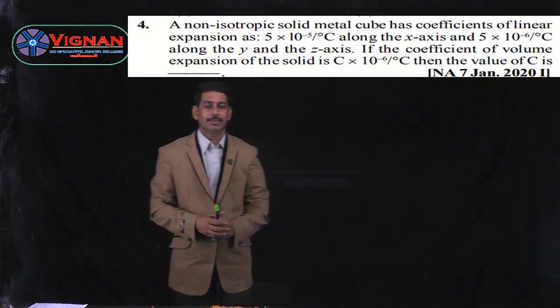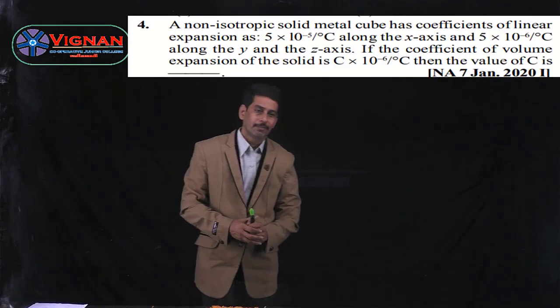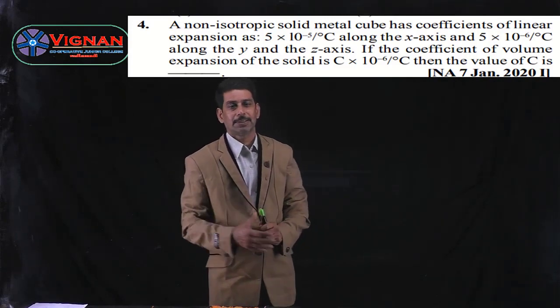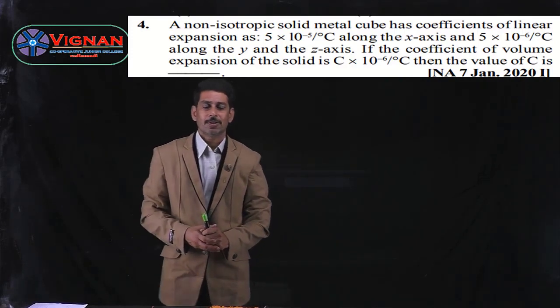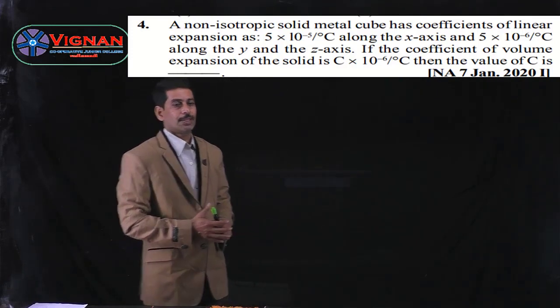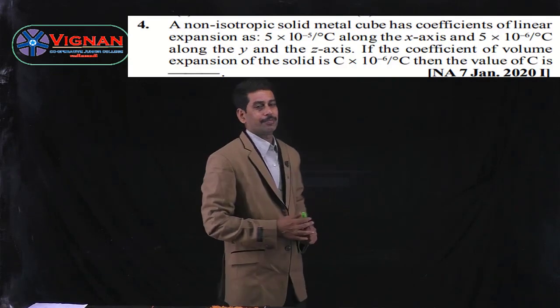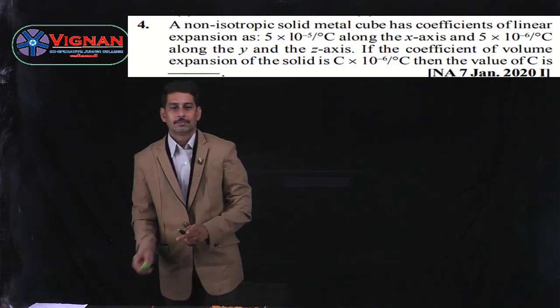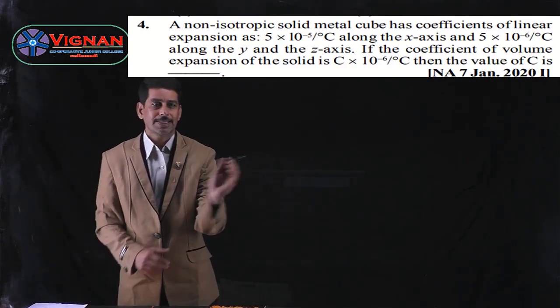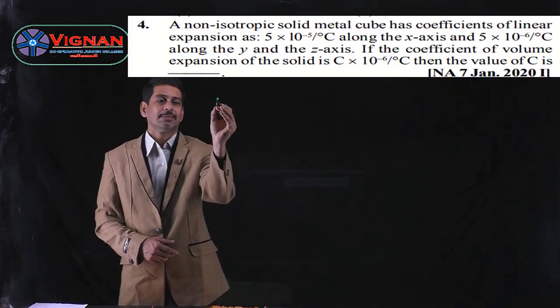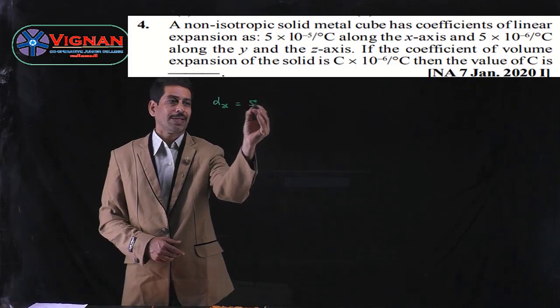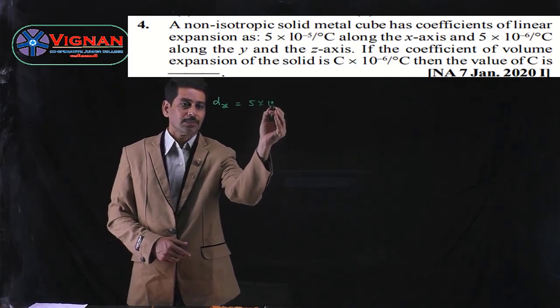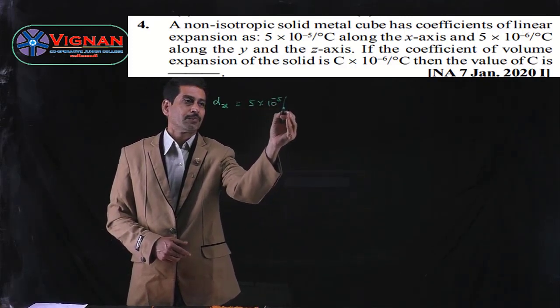This is the problem. In an anisotropic, non-isotropic solid, a metal cube has coefficient of linear expansion as 5 into 10 power minus 5 per degree centigrade along the x-axis and 5 into 10 power minus 6 per degree centigrade along the y-axis and z-axis. If the coefficient of volume expansion of the solid is c into 10 power minus 6, then I have to find the value of c. So alpha x is 5 into 10 power minus 5 per degree centigrade.